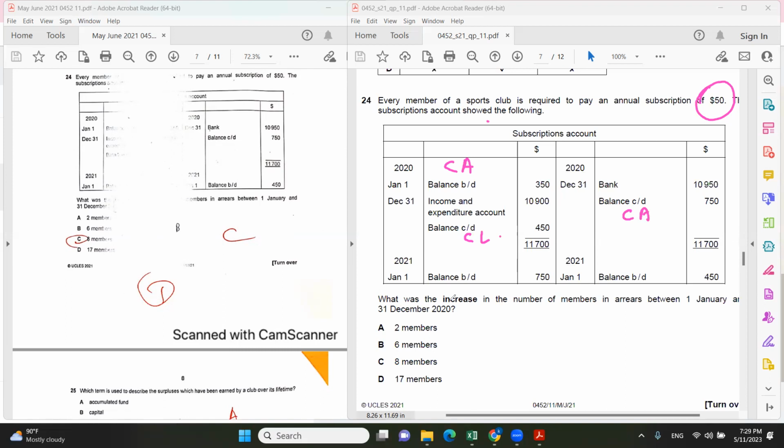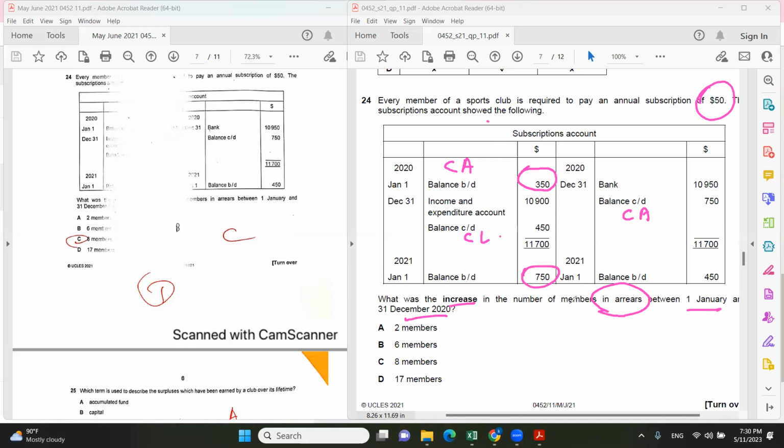What was the increase in the number of members in arrears between January and the 31st? In arrears means that we are talking about this one and this one. This is the income in arrears. Okay, this is the income in advance.